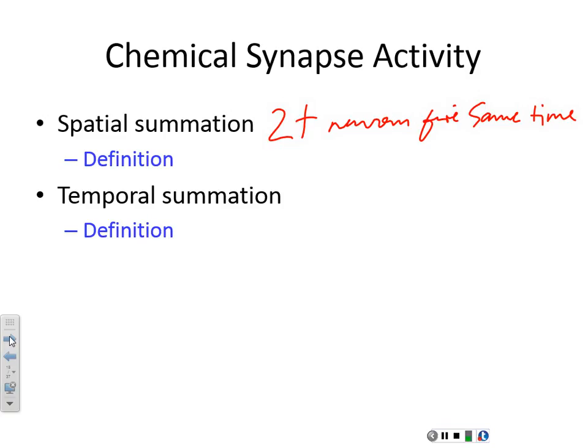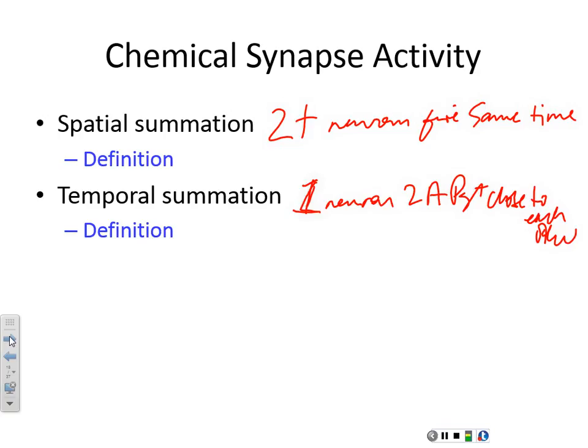You've got one neuron. It fires two or more action potentials in close succession of each other, right? So, two or more APs, two or more action potentials close to each other. Okay? It's important because why?